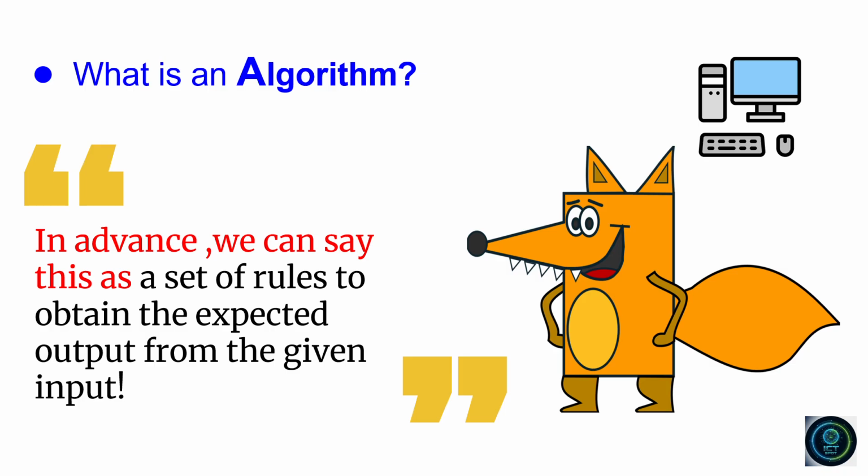Similar to what we discussed before, here we are discussing the algorithm as a set of rules to obtain the expected output from the given input, not a random output. We are trying to get the exact output that we thought of at the beginning of the process. So we follow a set of rules to obtain the expected exact output from the given input.